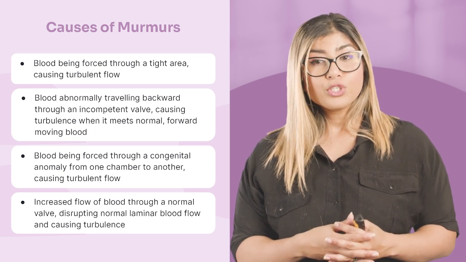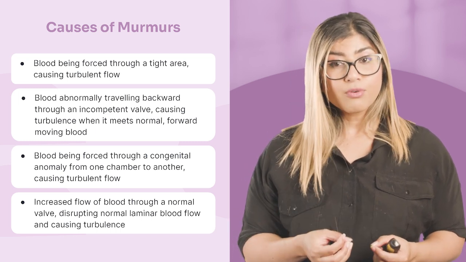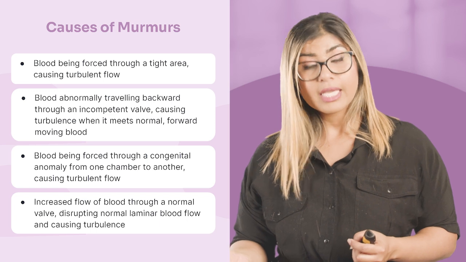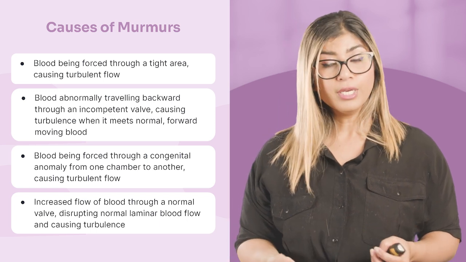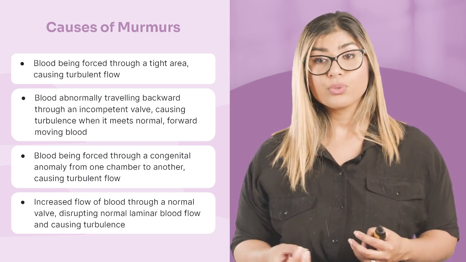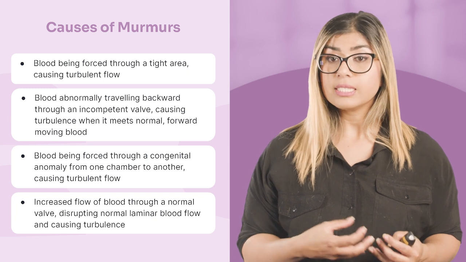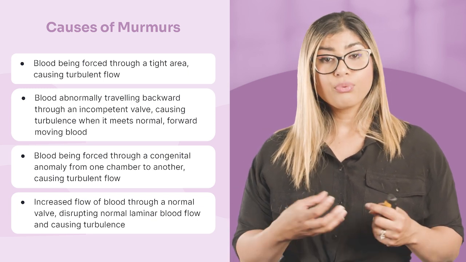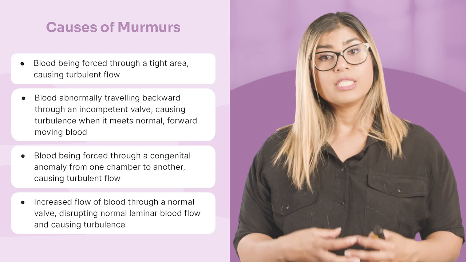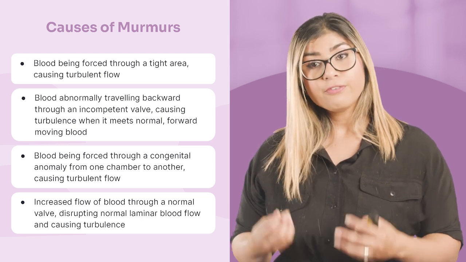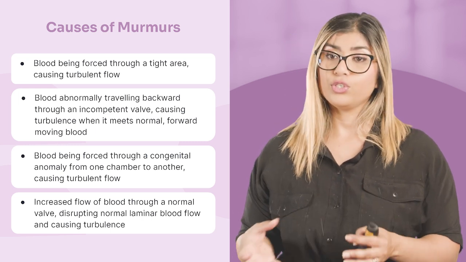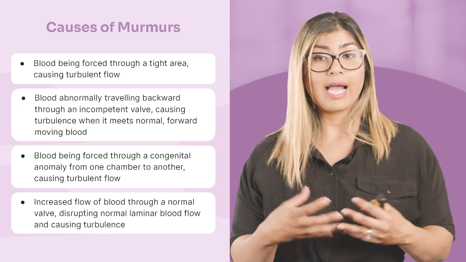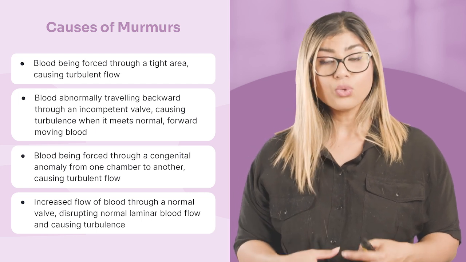Blood being forced through a congenital anomaly from one chamber to another can also cause turbulent flow, for example, with atrial septal defects or ventricular septal defects. An increased blood flow through a normal valve, disrupting normal laminar flow, can also cause turbulence, for example, in high output states such as sepsis or in pregnancy.